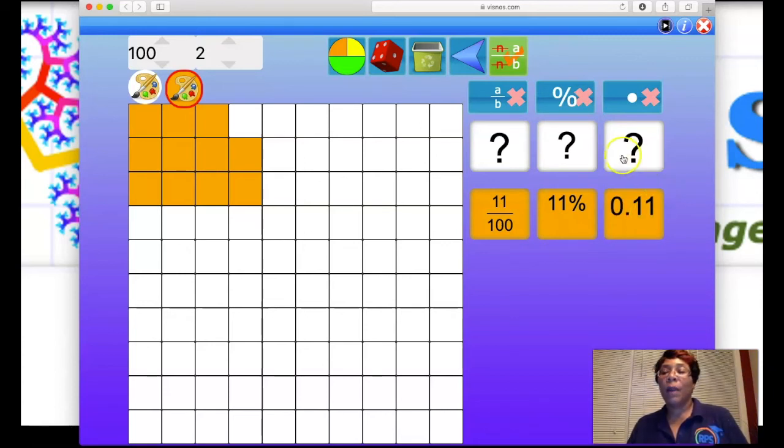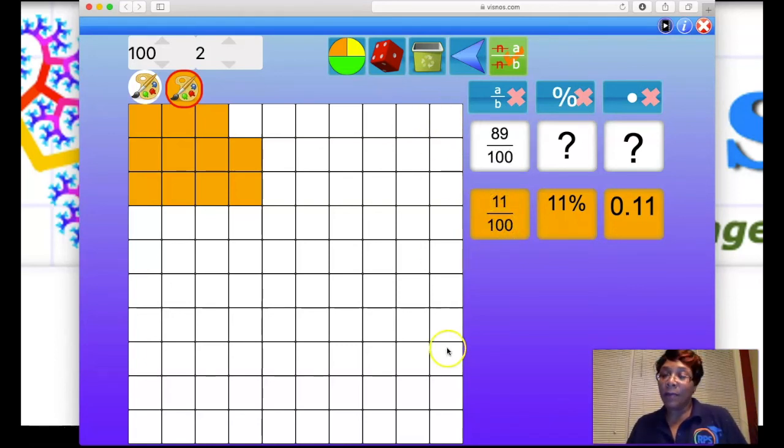Perfect. But then you might be like, well, why are those still white? This says, well, if this is what's shaded, then what is not shaded? Because that is important. So if I have 11 out of the 100s that is shaded, then what is not shaded? Now I can go through and count all of these up here, or I can just think in terms of if 100 out of 100 gives me my 1 whole, then what is left? 89 hundredths.